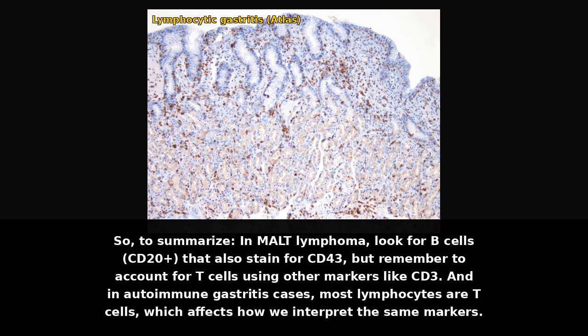So to summarize, in MALT lymphoma, look for B cells, CD20+, that also stain for CD43, but remember to account for T cells using other markers like CD3. And in autoimmune gastritis cases, most lymphocytes are T cells, which affects how we interpret the same markers.